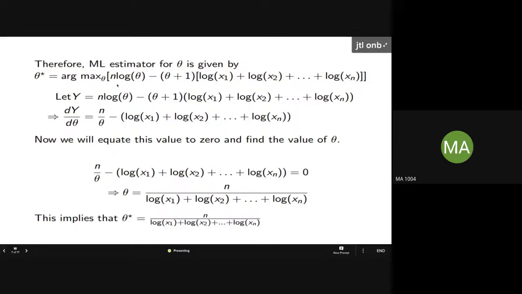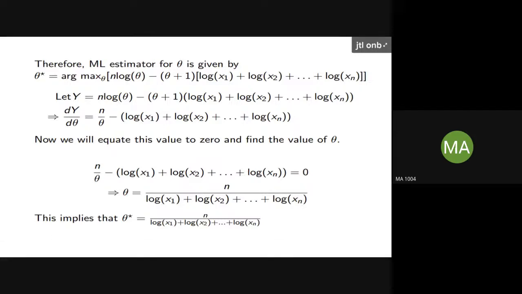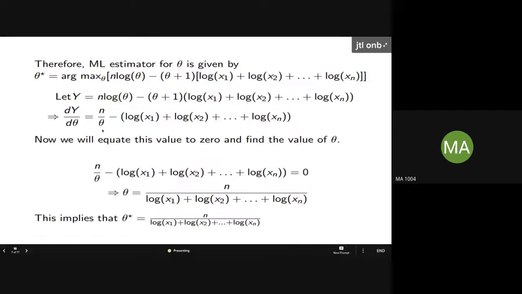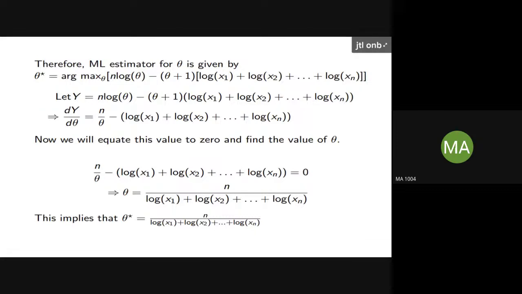The first term I can differentiate: log theta differentiates to 1 by theta. So it will be n by theta minus. Now this whole term is a constant, independent of theta, so I have only a constant multiplied by the theta plus 1 function. If I differentiate theta plus 1, it will be 1.